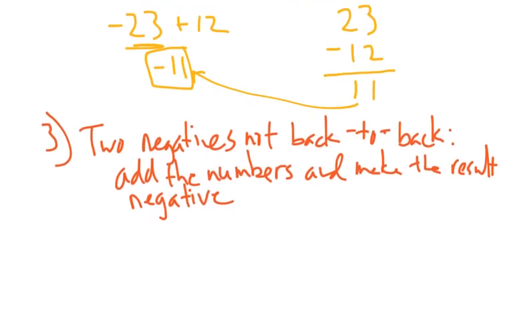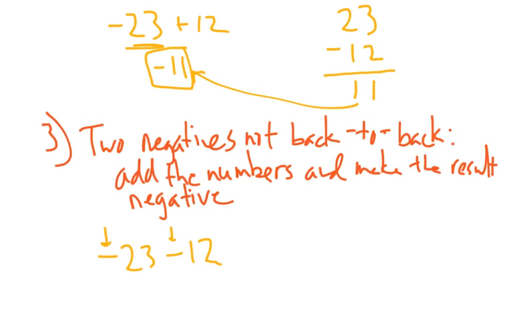So let's go back to the numbers we were using before. Let's say we have negative 23 minus 12. We have two negative signs, even though one of them is kind of acting as a minus sign. So we have a negative there and a negative there. What we're going to do is keep these signs, but just add the two numbers together.